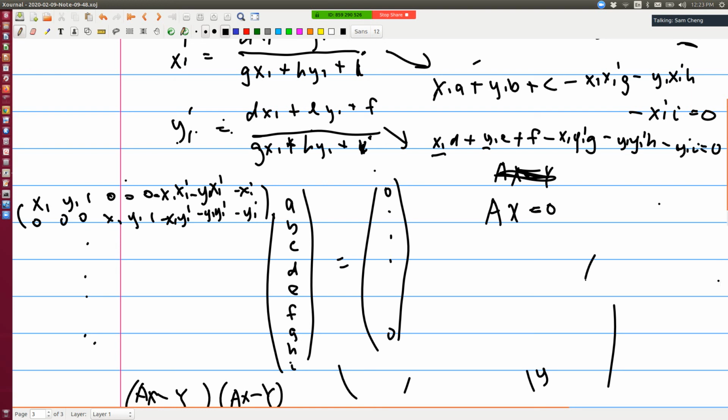So remember the last time, if I have Ax equal to y, I just said like earlier I can do a pseudo inverse. So I have x is equal to, let's say, y A transpose A inverse.